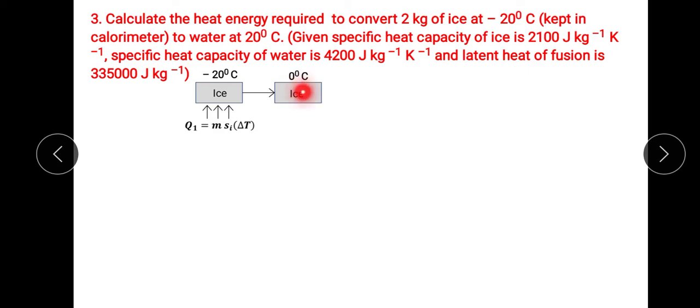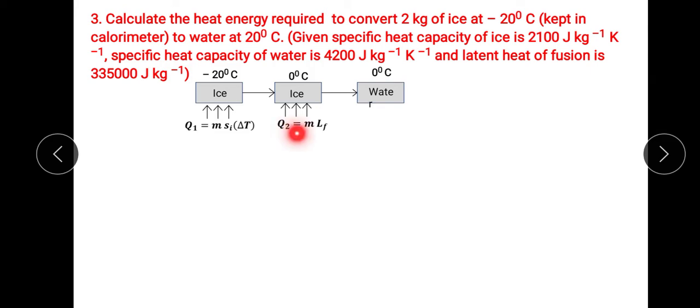Next, this 0 degrees Celsius of ice has to be converted into 0 degrees Celsius of water. The next step is ice is converting into water. So this occurs at the same temperature by absorbing this much of heat energy, M into LF. This is nothing but a latent heat of fusion, correct?